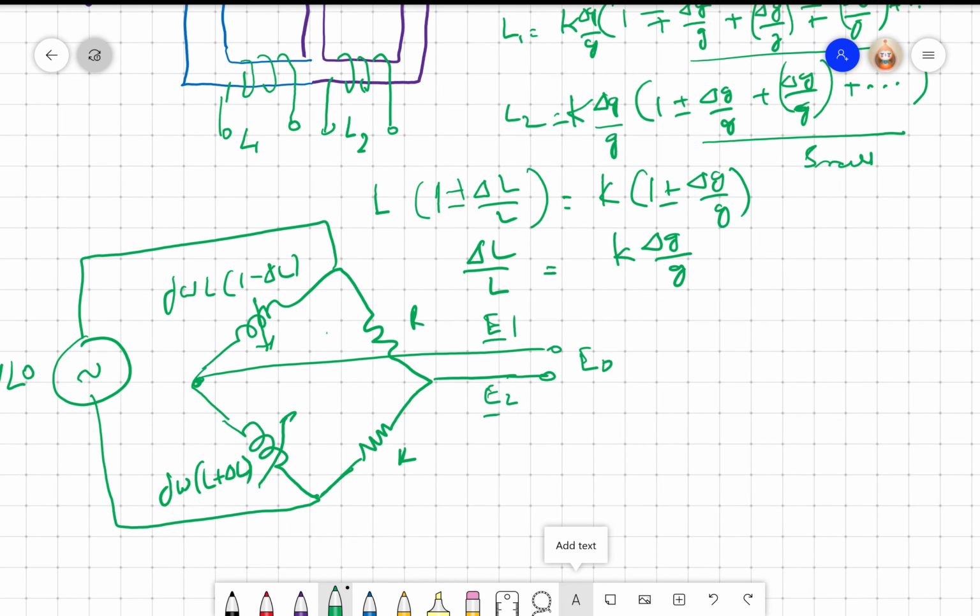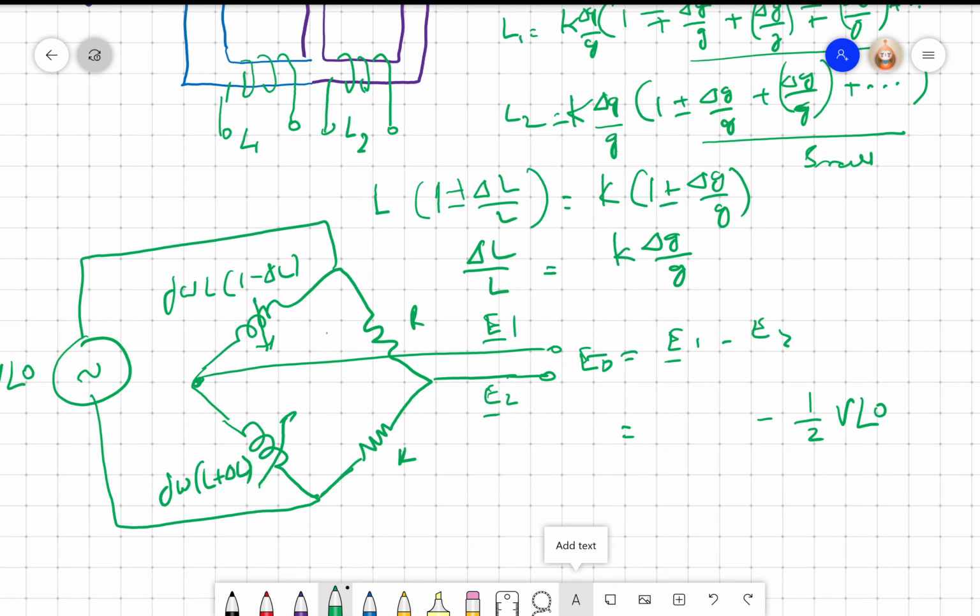So I can say E naught is equal to E1 minus E2. E2, I know, is half, since this is R R, so half of V angle 0, right? Because we are applying half, okay?